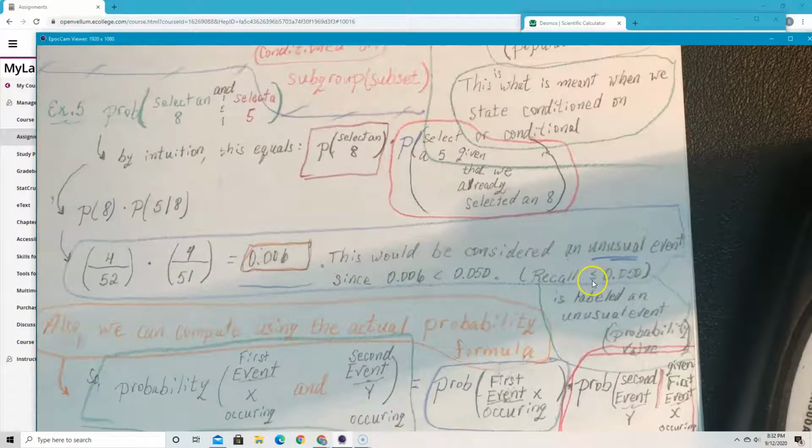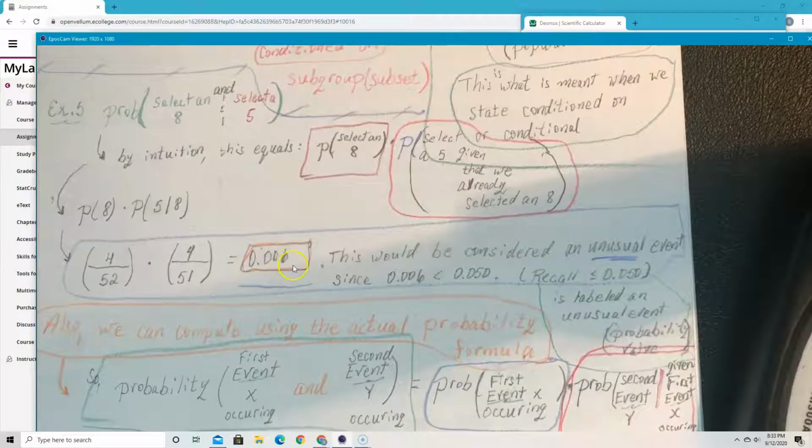So if your probability value is either equal to 5%, equal to 0.05, or smaller than 0.05, less than, then we call that an unusual event, statistically speaking.